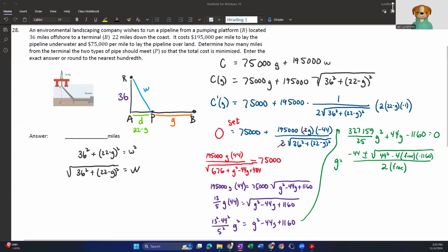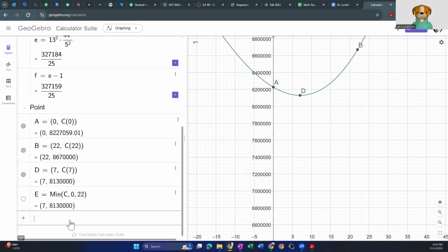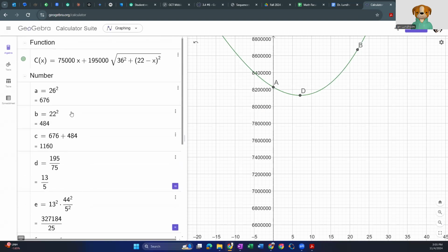Let's go ahead and utilize the calculator to get this done because it's kind of crazy right now. I'm going to type in, there's our fraction, times g squared. G has not been utilized yet, right?